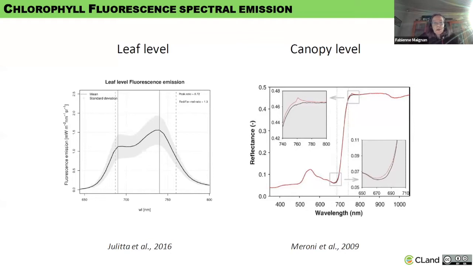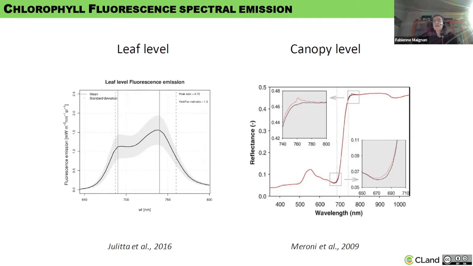So more information on chlorophyll fluorescence. On the left, you have the emission spectra, and you see there is a first peak around 690 nanometers, and the second peak around 740 nanometers. And it is in this near infrared domain that we will look at the sun-induced fluorescence estimates. On the right, in black, this is the reflectance spectra.